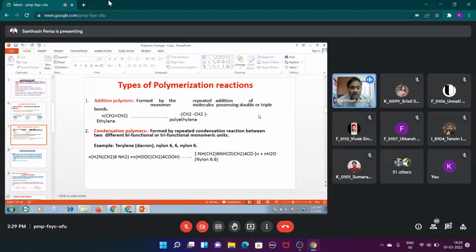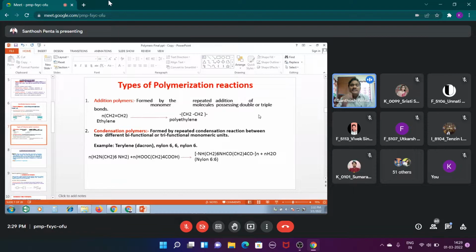For example, the reaction of many ethylene molecules joining together produces the bigger molecule, polythene. This is the addition polymerization reaction.